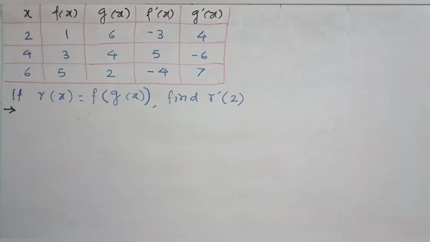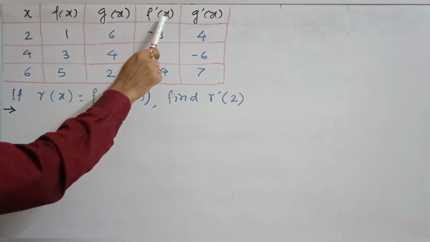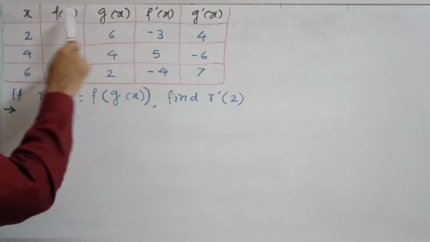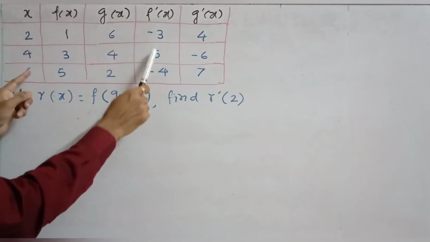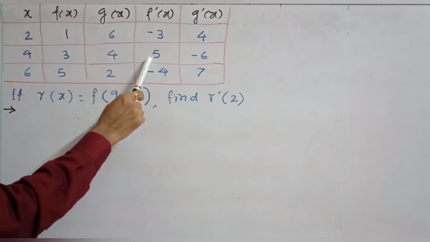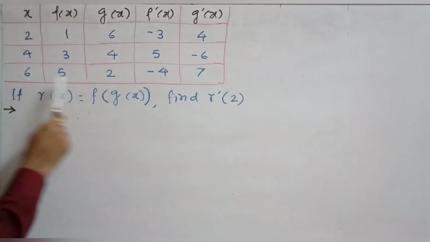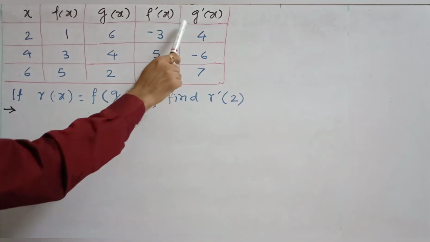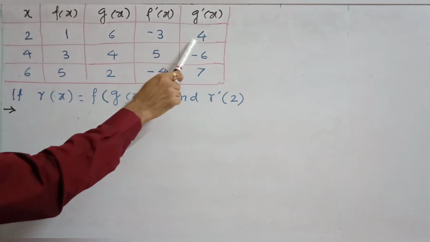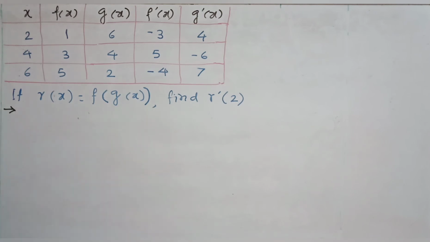What is f dash 4? This is f dash x, so for f dash 4, x should be replaced by 4. So f dash 4 is, you can see, 5. F dash 6 is minus 4. G dash 2 is 4. So you can understand these values. Now we are ready to answer this.